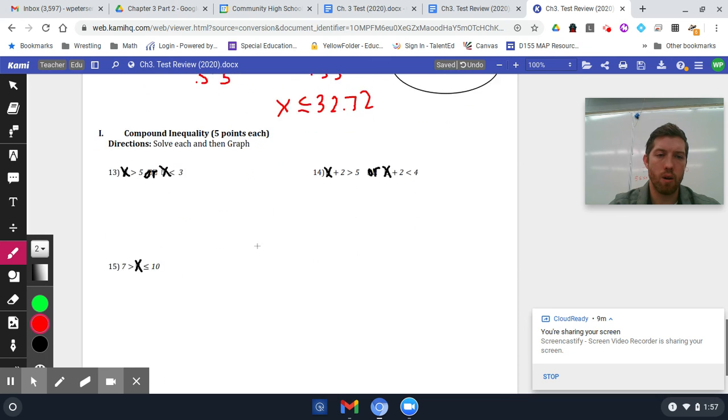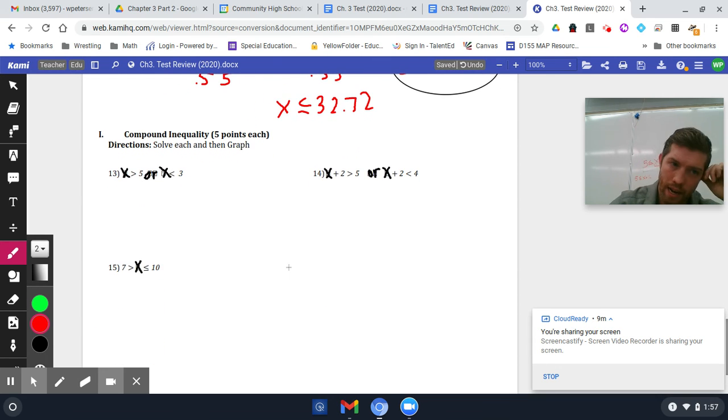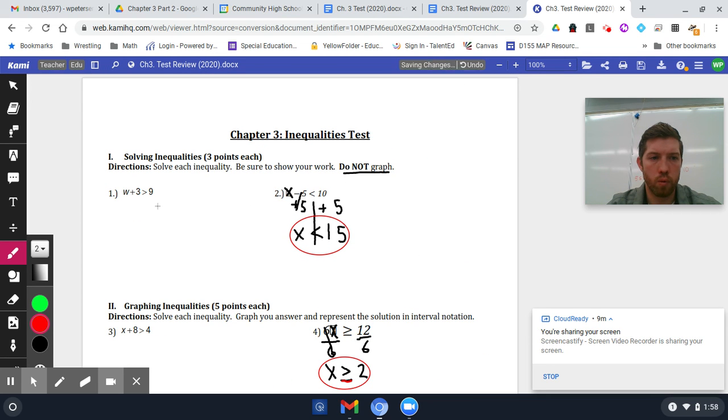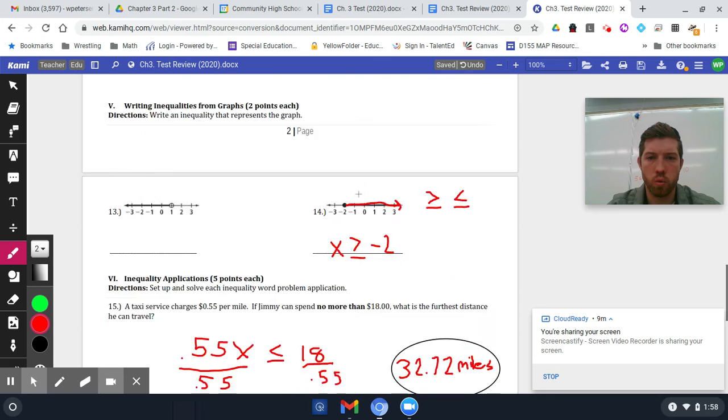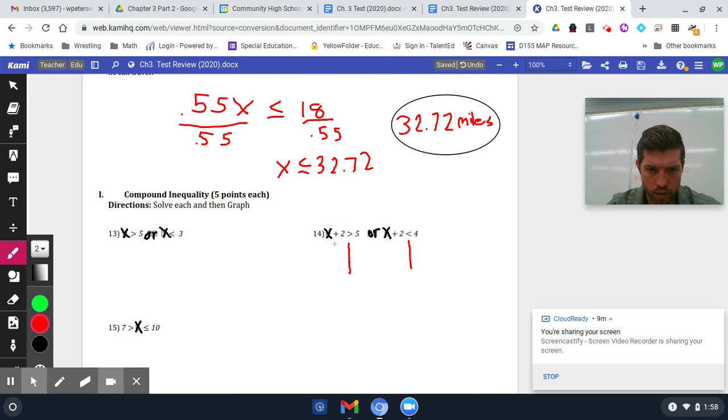Now we have compound inequalities. These are our and or statements. So I'll do number 14. It's a little harder. We have to solve it twice. So this is going straight back up to number 1 and 2, but all you're doing is doing it twice. So I'm going to subtract 2 from both sides to get my x by itself, to isolate it.